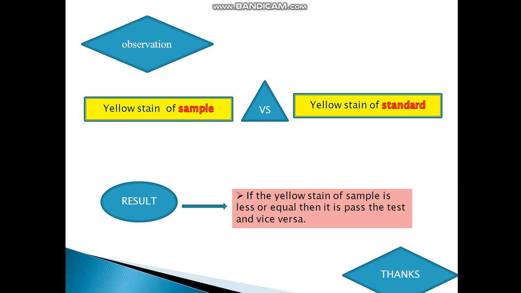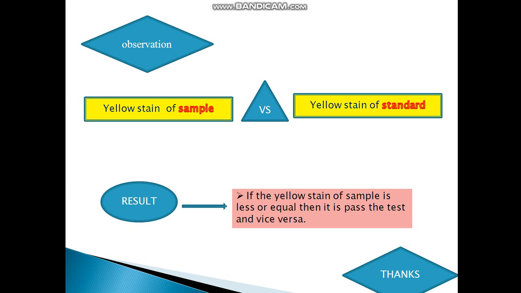In this test, we have to observe the intensity of yellow color. As all of you know, in every limit test we compare the sample with a standard which is treated in a similar way as the sample. In this limit test also we have to compare the yellow stain produced by the sample with the yellow stain produced by the standard.